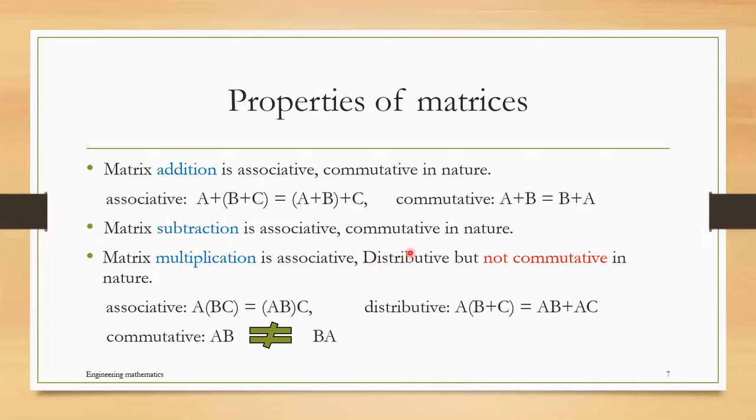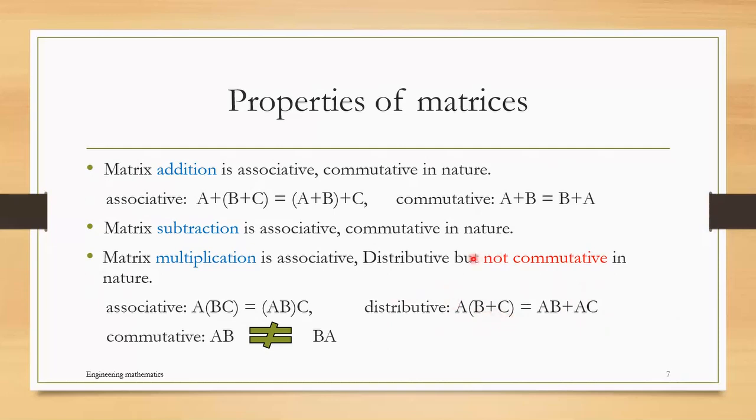What does distributive mean? Distributive means A into (B plus C), where we first add the two matrices B plus C and then multiply with the other matrix, gives a result equal to first multiplying A into B and then adding A into C. This is called the distributive law, where we have distributed the bracket values.